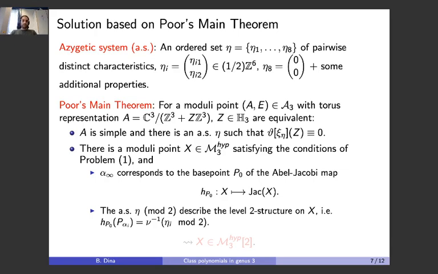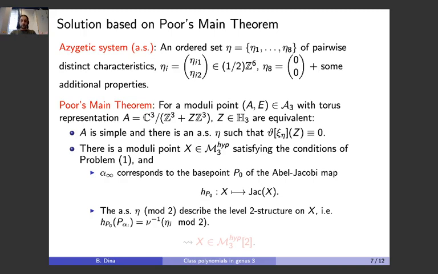Further, this set eta will fully describe our symplectic isomorphism between the points of order 2 on the Jacobian and Z modulo 2Z to the power 6.